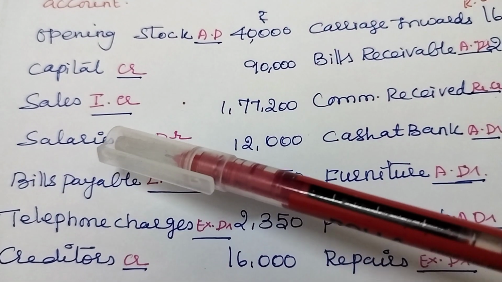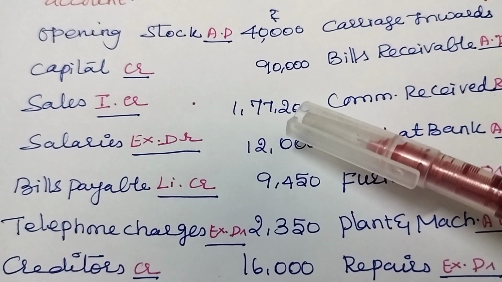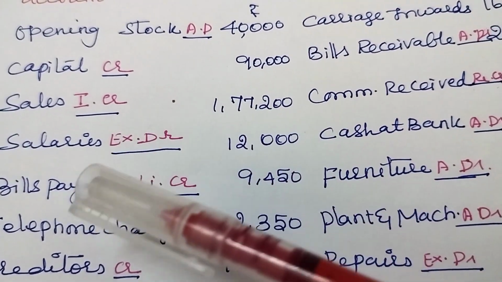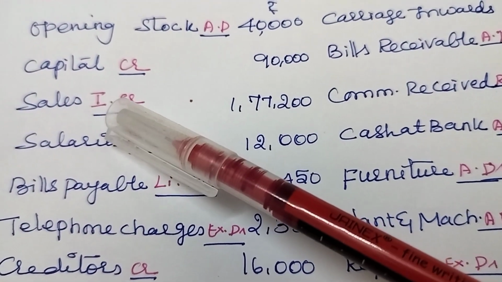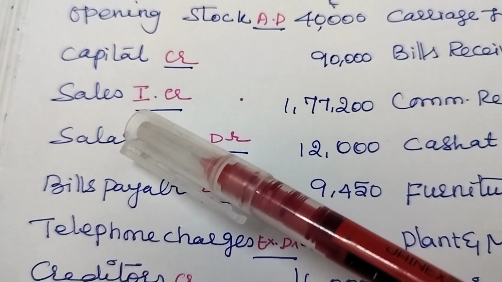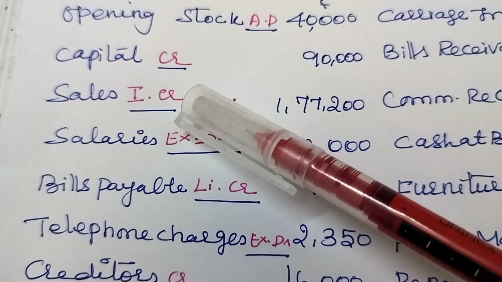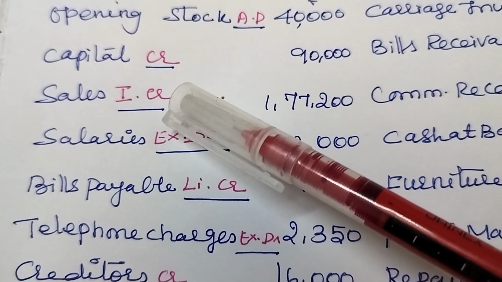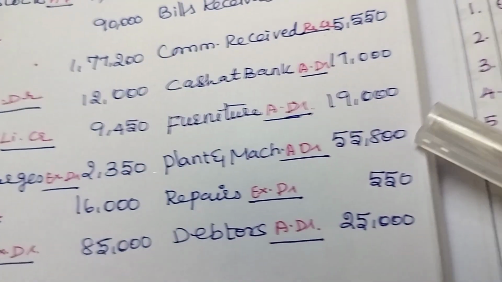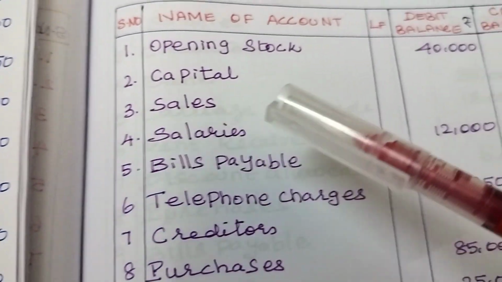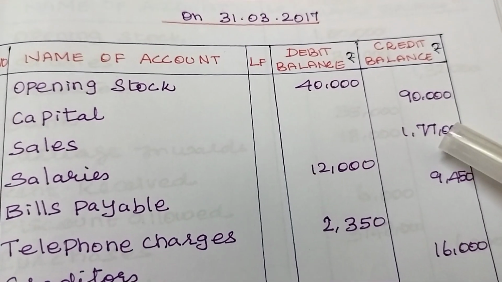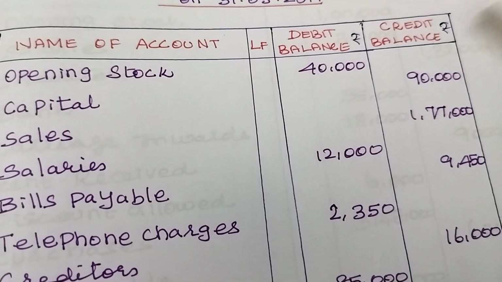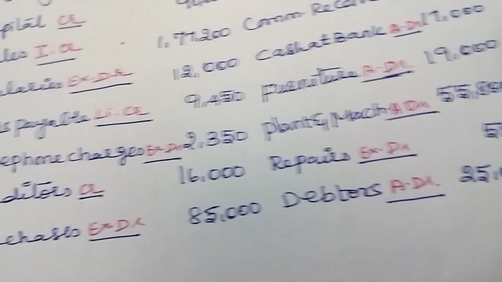Then sales rupees 1,77,200. Sales is an income or revenue of the business. Whenever revenue increases, you credit the revenue account. Here sales account will be credited. So sales rupees 1,77,000 is entered on credit balance.